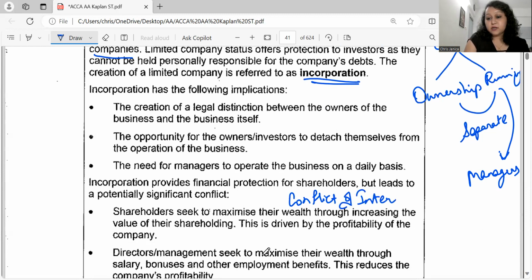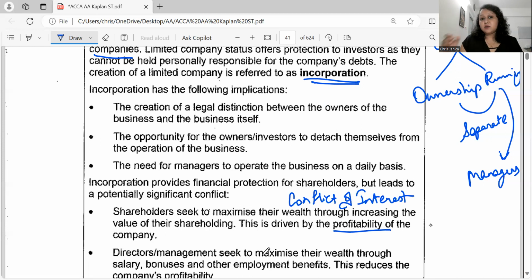What is this conflict of interest? See, the ownership and the operations of the business are separate, right? Operations and the running of the business are done by the managers and the directors. Shareholders are the investors and the owners of the business. Now, they will have different interests. For example, shareholders will be interested in increasing the shareholder value by increasing the profitability of the company.